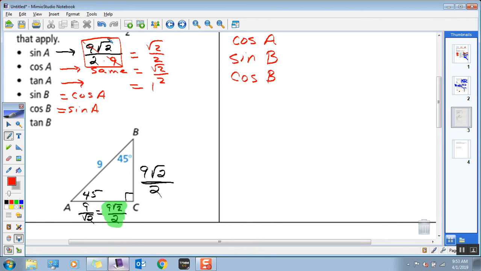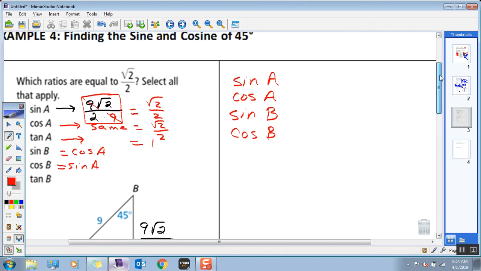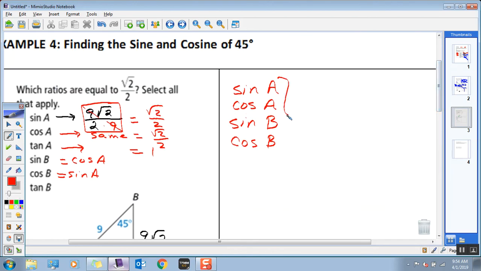So guys, the thing I'm getting you to understand here is this. Right here, all these angles A and B were how many degrees, kids?